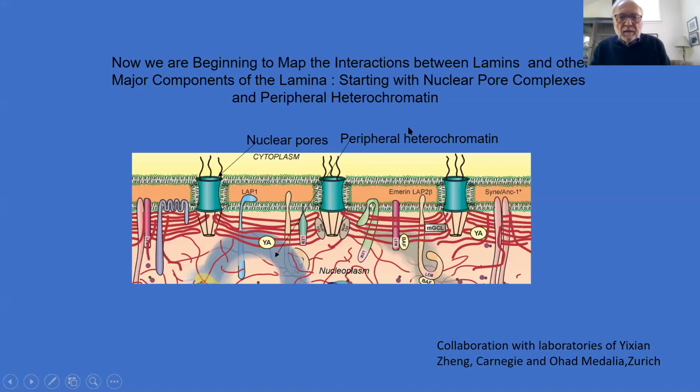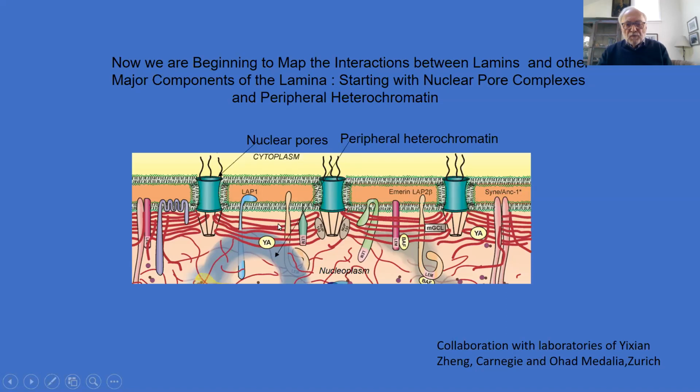So we've started, and this is going on now, to map the interactions between lamins and other major components of the lamina. We've started both with nuclear pore complexes and peripheral heterochromatin, but today we've advanced much further in our understanding of nuclear pore complexes and how they interact with the lamina.